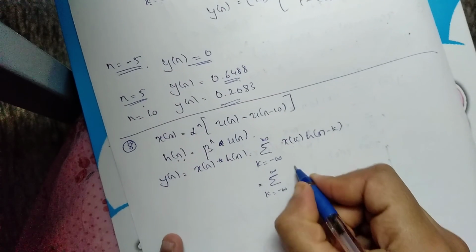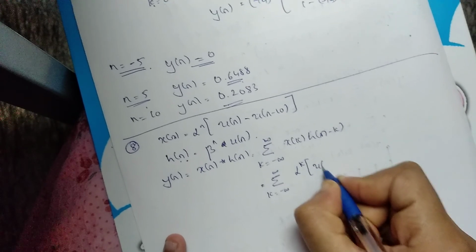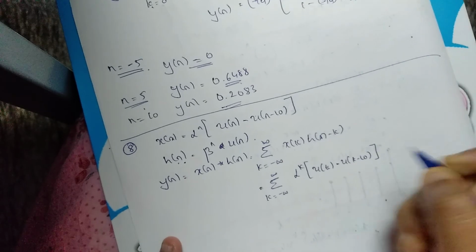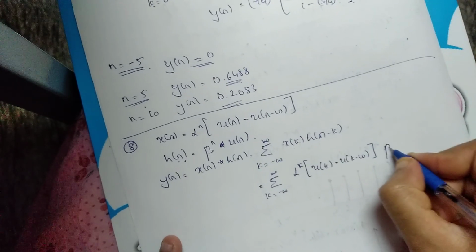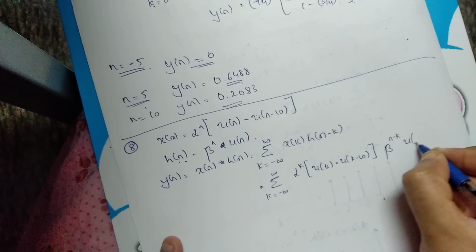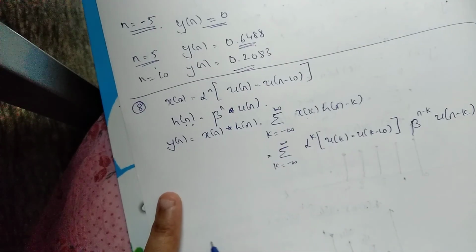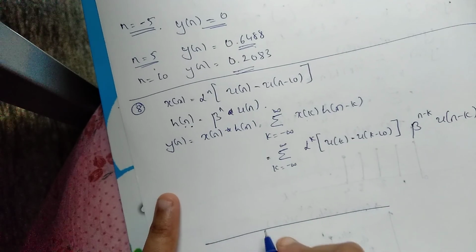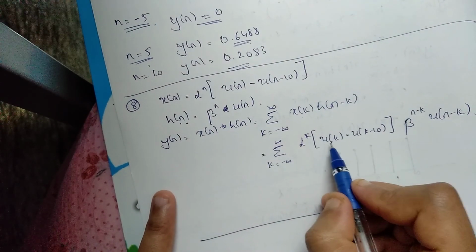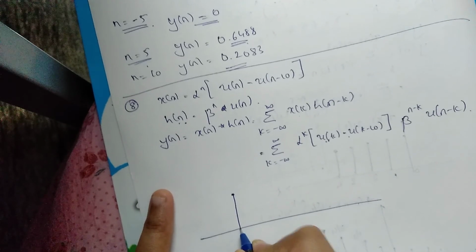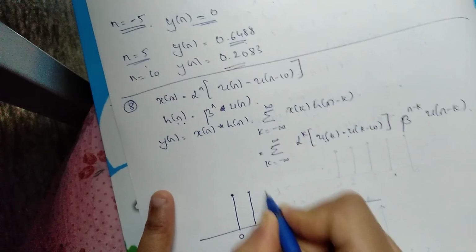X of k means alpha to the power of k, u of k minus u of k minus 10. Then h of n minus k means beta to the power of n minus k, u of n minus k. So we can draw this waveform as, see, this alpha, u of k minus u of k minus 10 means it will start from 0 to 9.